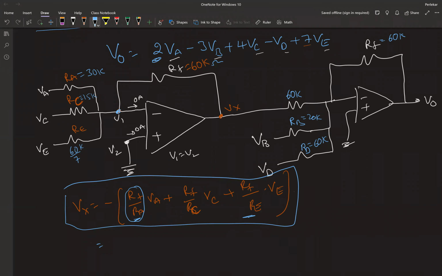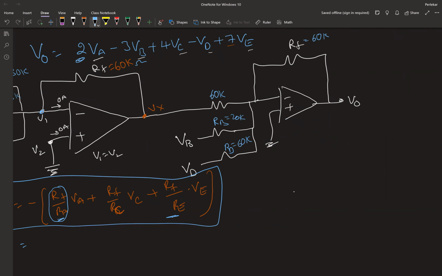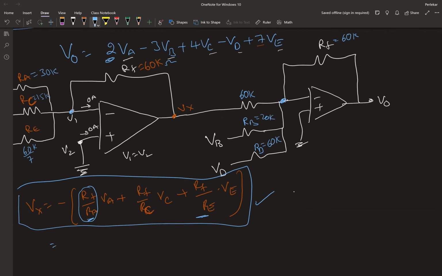This is the final circuit, but we'll verify what our V0 will be. You can apply KCL here, or the equation is going to be similar to this.